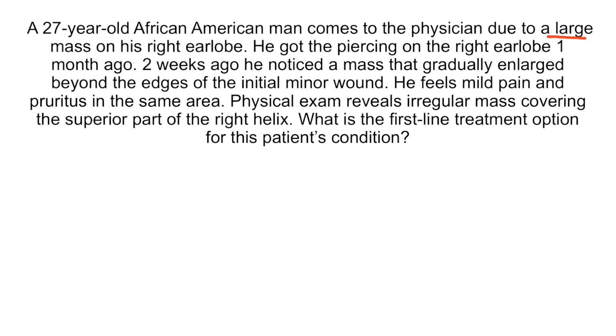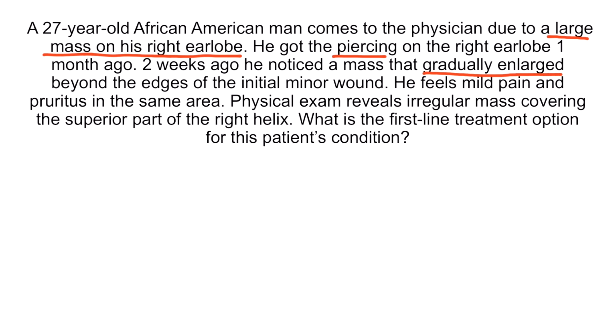So this patient has a large mass on his right earlobe after getting a piercing, and then it's gradually enlarged. So it's got this overabundance of collagen and fibroblasts, and this overreaction of those fibroblasts to this initial minor wound. It was just a piercing. So given this man's ethnicity and the description of the skin lesion, it's really consistent with a keloid.